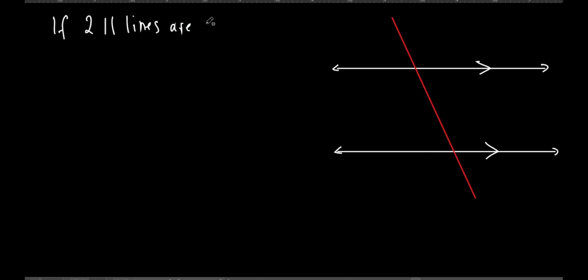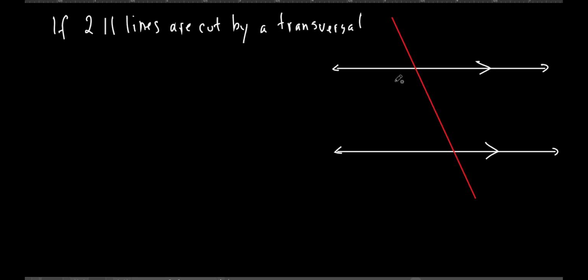So if 2 parallel lines are cut by a transversal, do we have that situation right here? Do I have 2 parallel lines cut by a transversal? Yes or no? Did I spell that right? Transversal. Yeah.